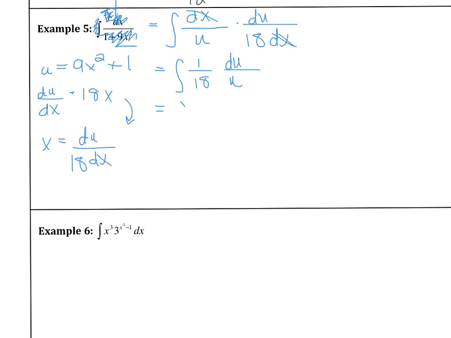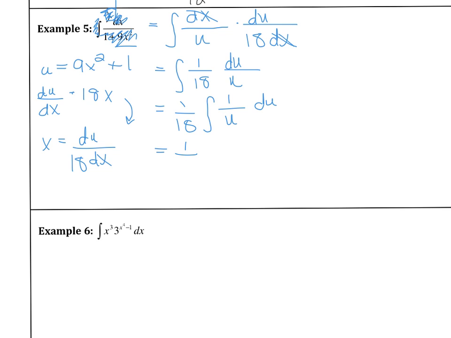The 1 over 18 can come out. And really what we're looking at in here is 1 over u du. Whose derivative is 1 over u, or 1 over x? Well, that would be the natural log of x.